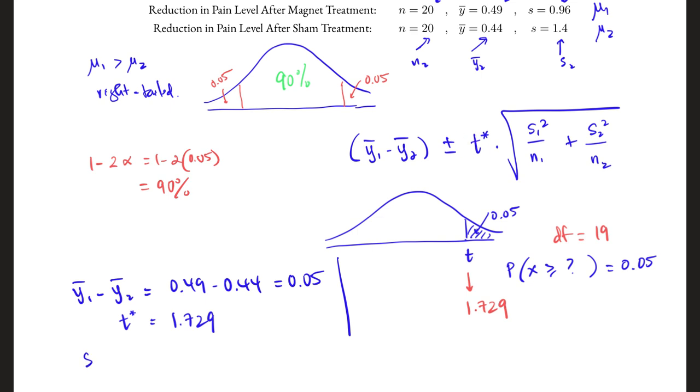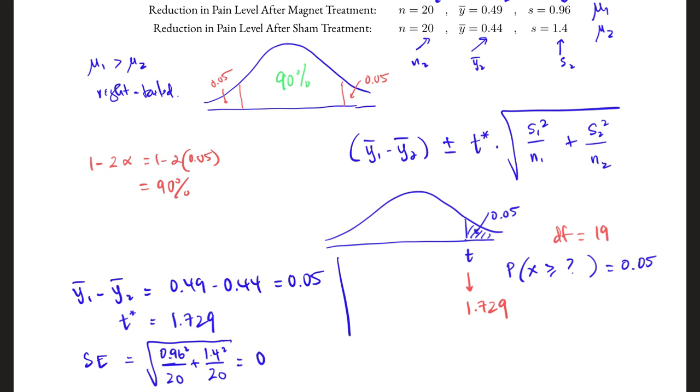The standard error is the square root of s sub 1 squared, but s sub 1 is 0.96, and we square this divided by n sub 1, 20, plus s sub 2 squared, 1.4 squared, divided by 20, and plug this in a calculator with everything underneath the square root sign.